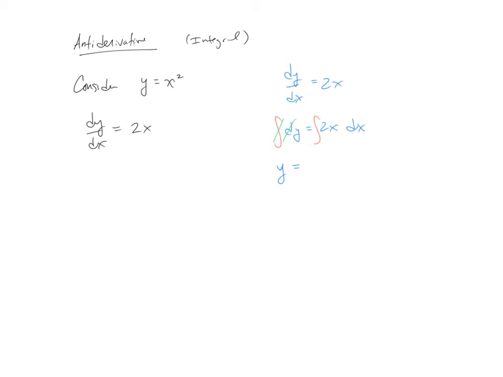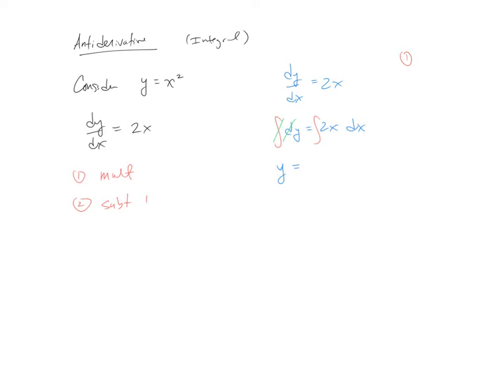And to do so, the process is going to be the exact opposite of finding the derivative. So to find the derivative, our rules were pretty simple. The first thing you would do is multiply the exponent down, and the second thing is you would subtract 1, which means the rules for the antiderivative are going to be the complete opposite.